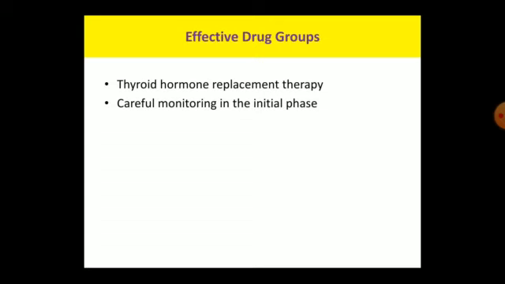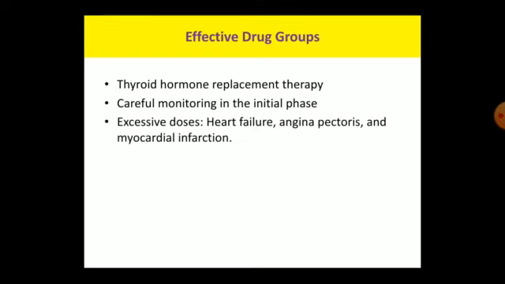The only limiting feature is that if an excessive dose is given or rapid tapering of the dose is done, there are chances of overstimulation of the heart, and this can precipitate angina, myocardial infarction or heart failure. So one should be very cautious while prescribing thyroid replacement therapy in a patient having cardiovascular illness.